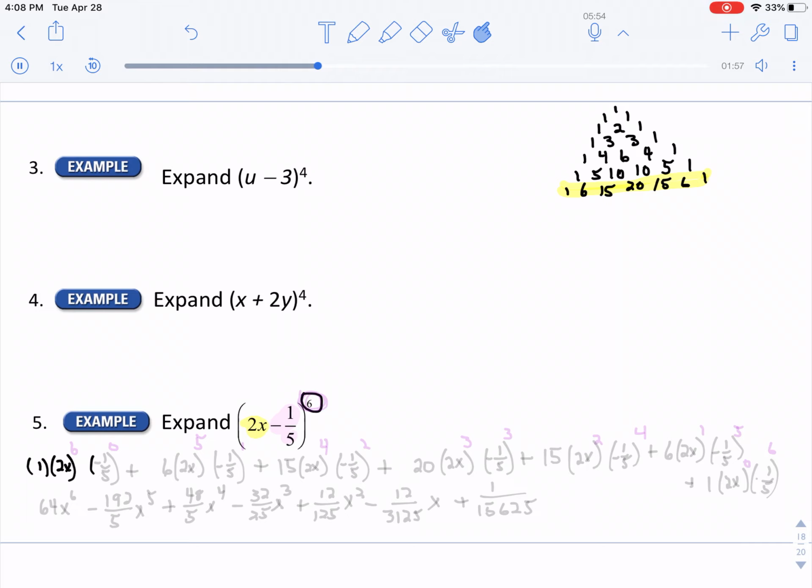That's coming from up here. This negative 1/5 is the second term. And I'm going to leave the exponents and just skip those for a minute.